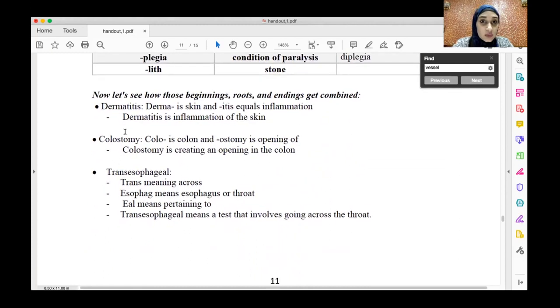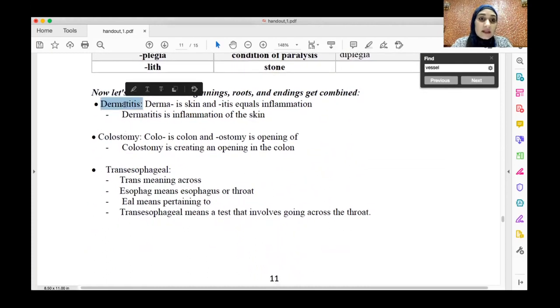For example, a word like dermatitis. We said that the root dermat means skin, and itis means inflammation. So when I say dermatitis, it means inflammation of the skin.